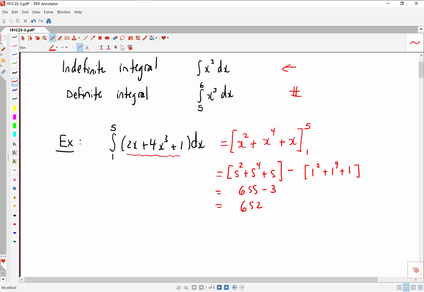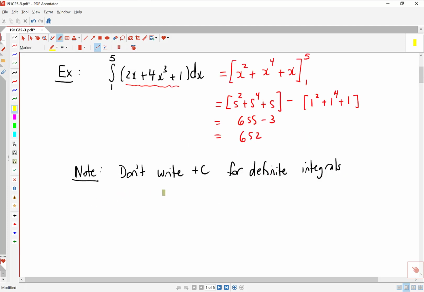So let's talk quickly about why we didn't need the plus c. The comment is, don't write plus c for definite integrals. Anytime you see a number like this above and below your integral, you're not going to write plus c. The reason why not is because the c would cancel out. So let's see what would happen if we did write a plus c.